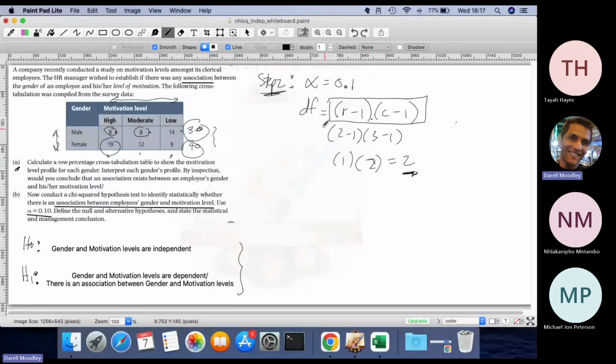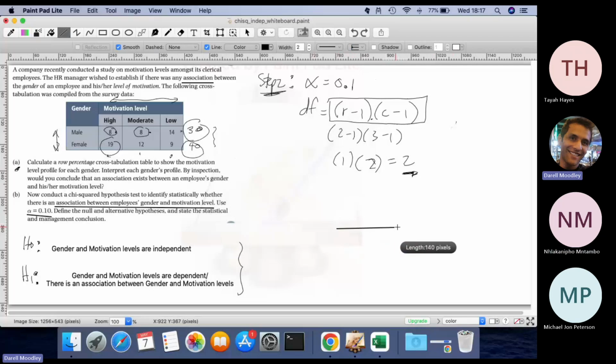All right, so we've got our DF, or degrees of freedom, and we've got our alpha. Now we're going to go and find our rejection region. So like I said, this is a chi-square test. In other words, we're going to be working with the chi-square distribution. The chi-square distribution looks like this. Okay, so I'm going to draw the curve.